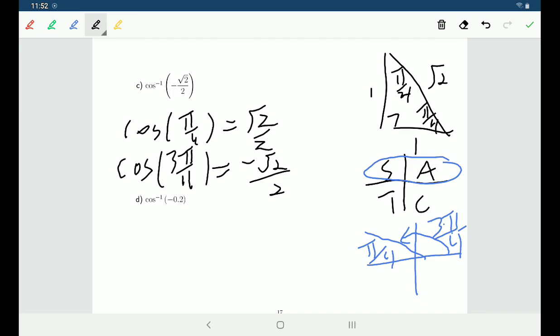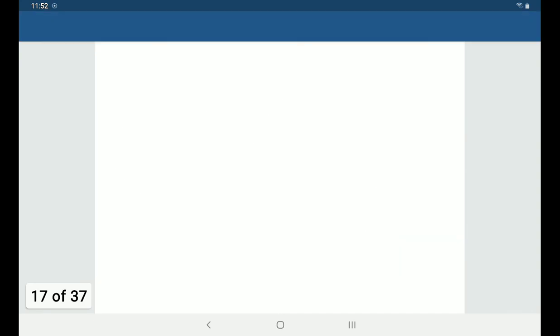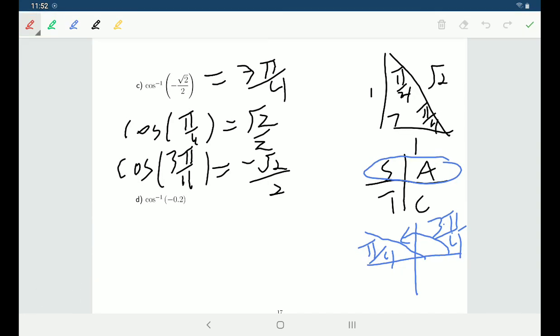And so cosine inverse of negative root 2 over 2 would be 3 pi over 4. Because the relationship is, since cosine of 3 pi over 4 as that input gave us negative root 2 over 2 as its output, then cosine inverse with negative root 2 over 2 as its input should give you 3 pi over 4 as its output.